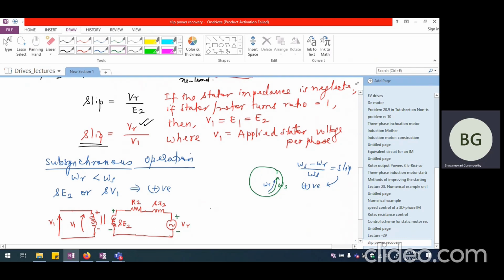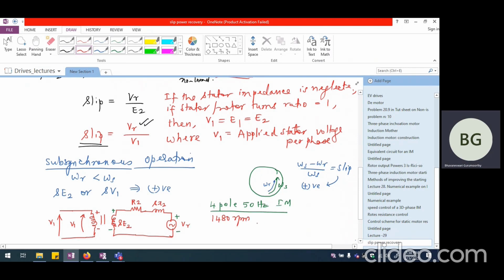Now, let us say the machine is running at a particular speed. Let us say I'm talking about an induction motor, which is a 4-pole 50 Hertz induction motor. And let us say with a certain value of VR injected here, I'm going to have the machine running at about 1480 RPM.